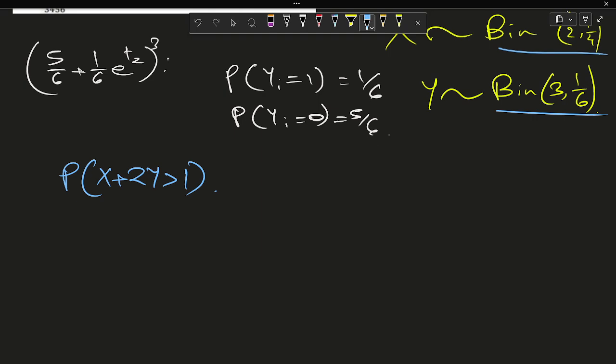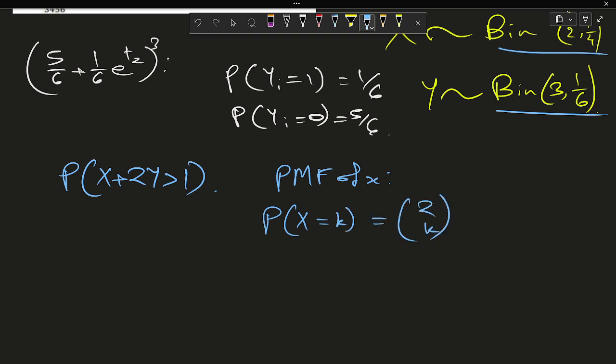The PMF of X is P(X = k) = 2Ck (1/4)^k (3/4)^(2-k), where k equals 0, 1 and 2.